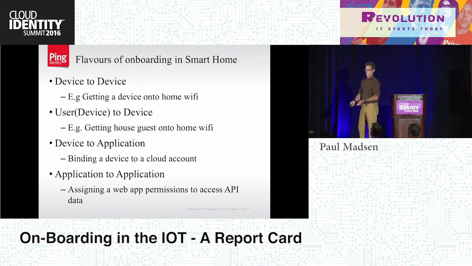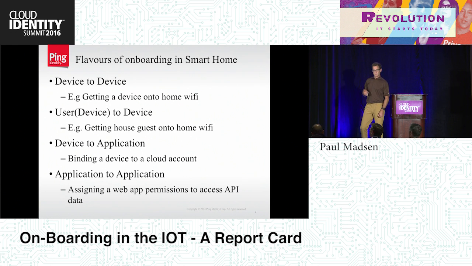We need to give it a credential, and we need to define appropriate permissions. Now, in the enterprise, those permissions are set by IT based on corporate policy. In the smart home, those permissions ultimately should reflect that of the homeowner and the people in it. So it's more of a consent operation than an authorization step.